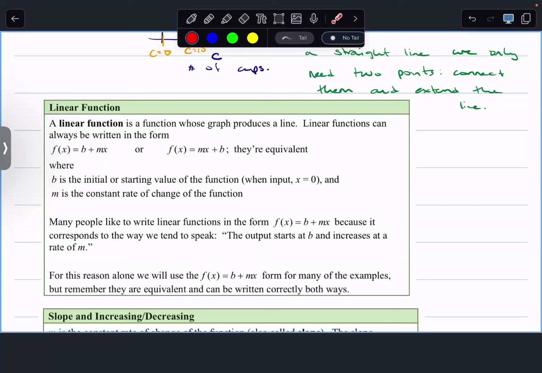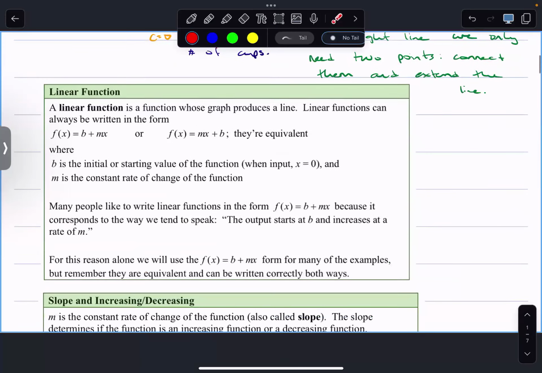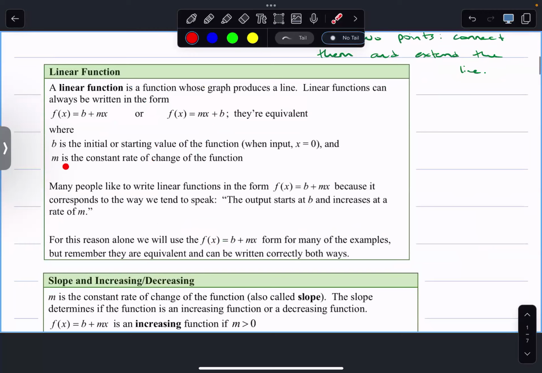As long as there's just one x in there, then it's a straight line and you can rearrange it. So b is the initial or starting value when the input is x equals 0. We saw that even if I sell 0 cups, it's still going to cost 90. It's my starting point. m is the constant rate of change of the function. We usually call that the slope.